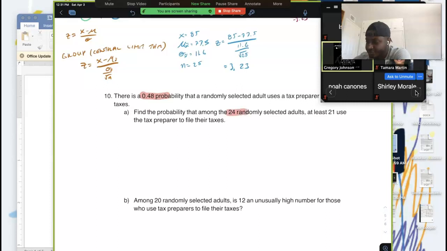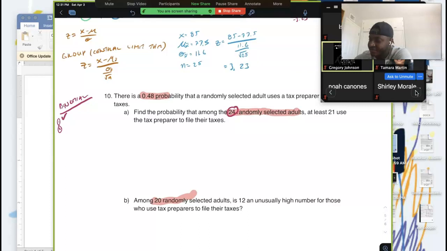So it gives you that there's 24 selected people, and then part B, there's 20 selected people, right? So that's when you would go through your good requirements for binomial. So we need to see, okay, is there a fixed number of trials? That's first. Yes, because there's 24. So that's our first check. Second is what? Are they independent?